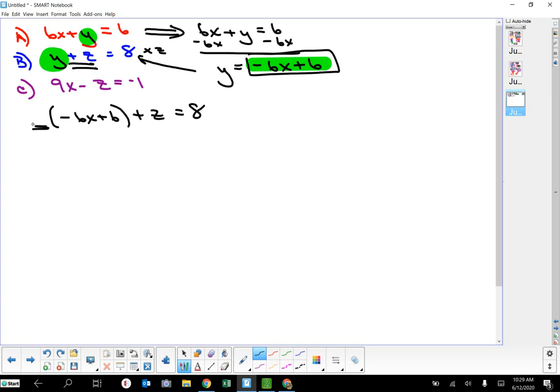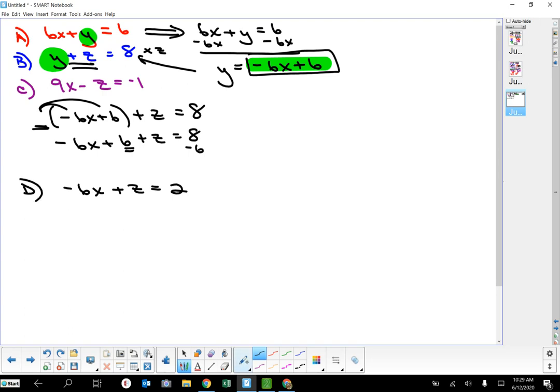I don't have a coefficient, so there's nothing to distribute by, so I can just drop the parentheses. Move the 6 to the other side by subtracting off a 6. So now I have negative 6x plus z equals 2. And this becomes my equation D, essentially.